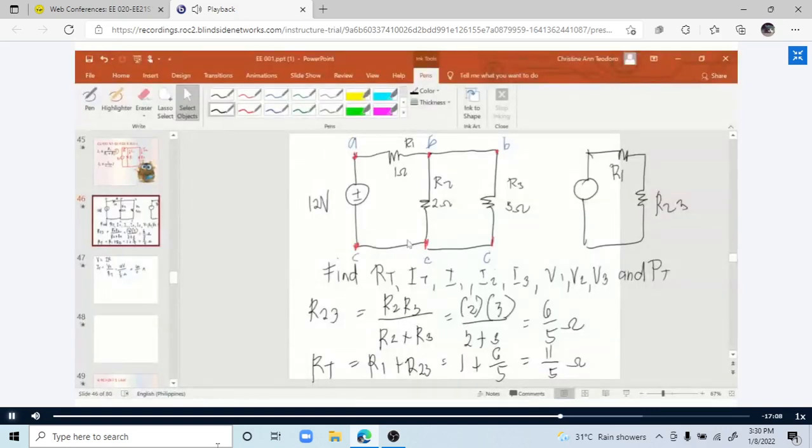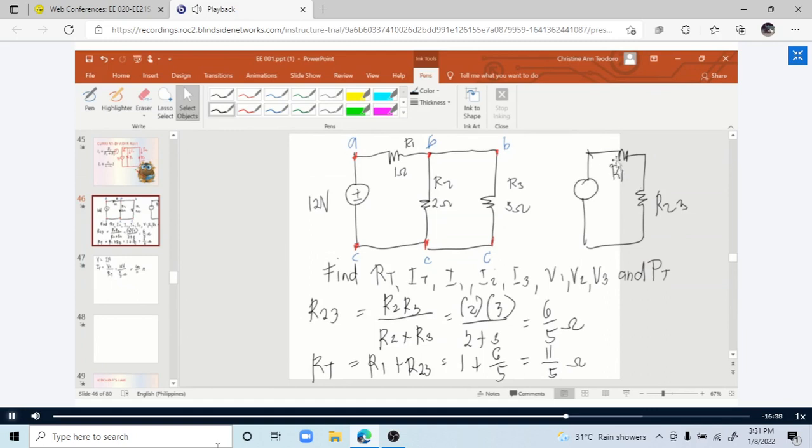So if we are going to observe this circuit here, we know that this is a full series connected circuit, the simple one, the reduced circuit. Therefore, going back to the conditions of a series circuit, we know that in series connection, our current is constant.